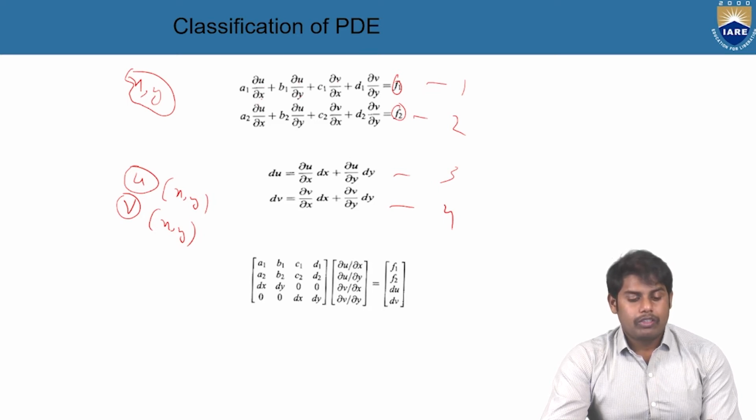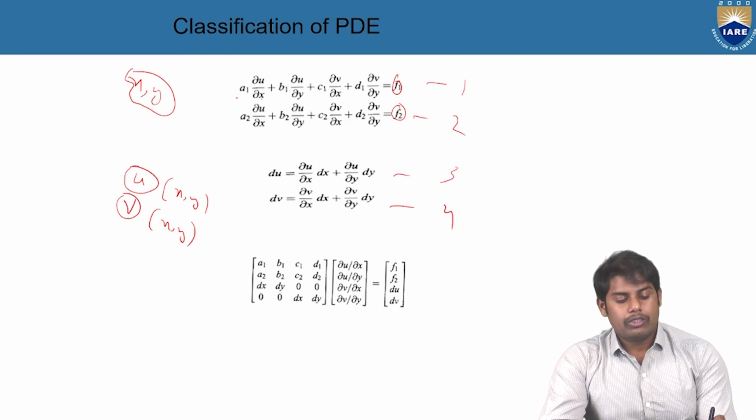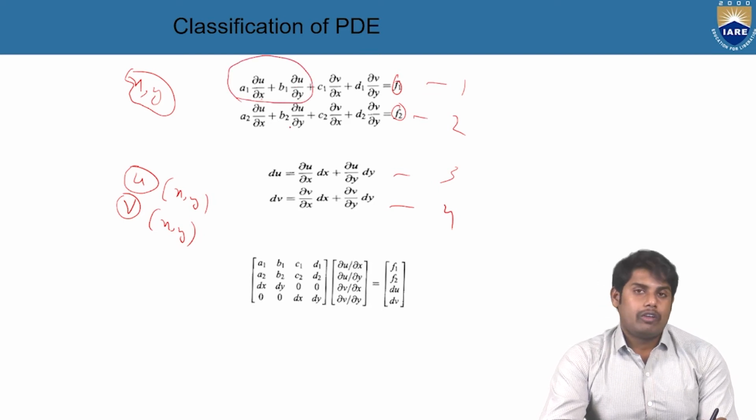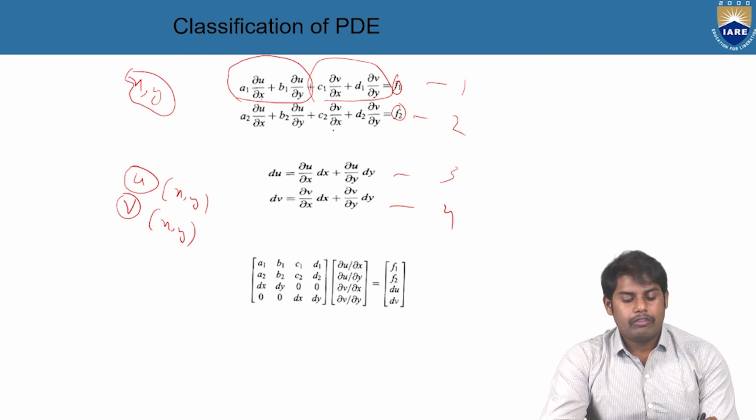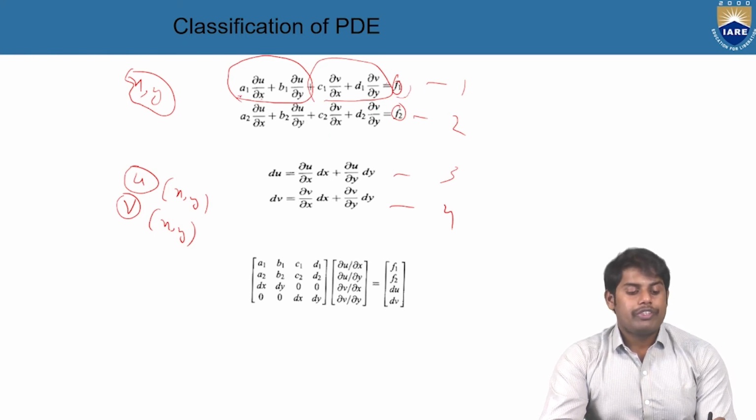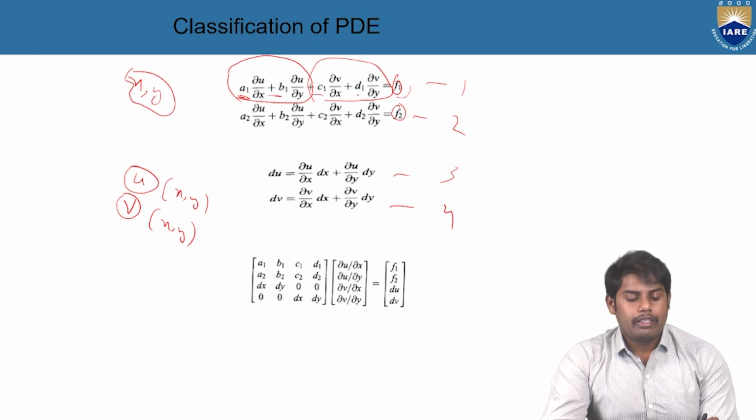Similarly for v, you have partial differentiation with respect to x and with respect to y. So a1 dou u by dou x and b1 dou u by dou y correspond to the u velocity, and the other two correspond to the v velocity, and f1 is the source term. This coefficient matrix is the important thing we need. The second equation is similar, with coefficients a2, b2, c2, and d2.